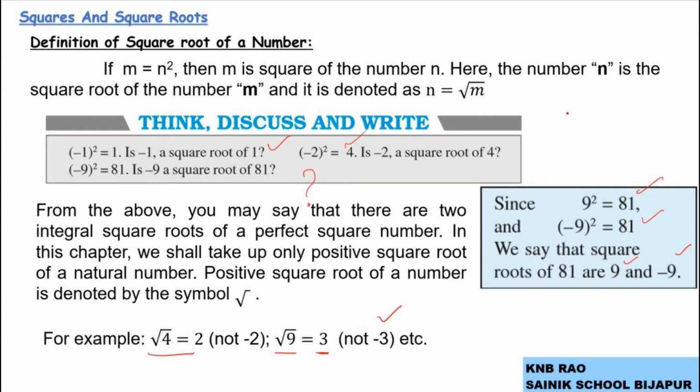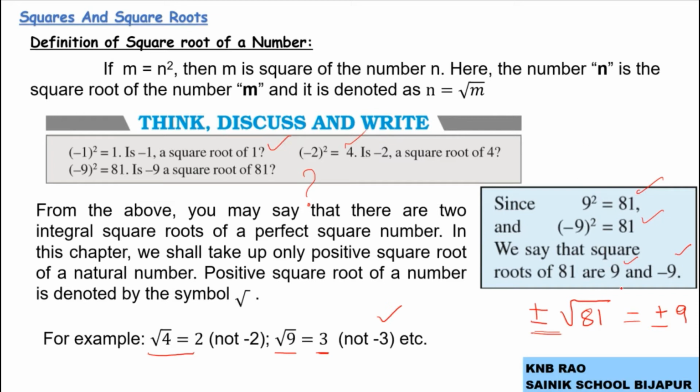Students, remember, if I want to write taking negative also, I must write it before the radical sign. But once the radical sign is given, that gives only a positive number. In front of that, a plus or minus sign will be kept.